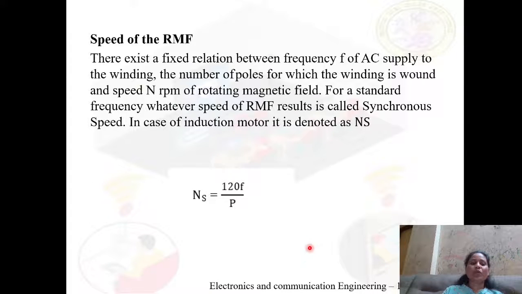Now, what is the speed of the rotating magnetic field? The speed of the rotating magnetic field we represent with ns.